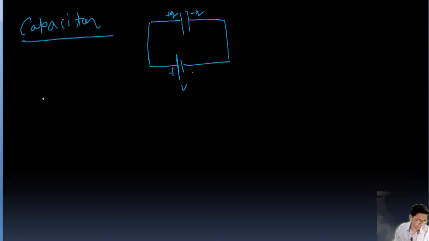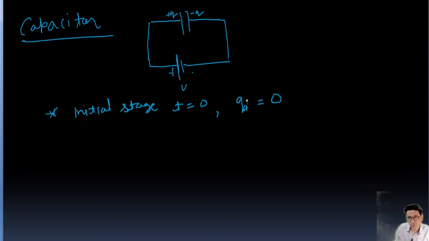Initially, you need to understand what happened, so that we can easily solve questions of circuits where there is a capacitor attached. At the initial stage, at t equal to 0, the capacitor charge Qi is going to be 0.